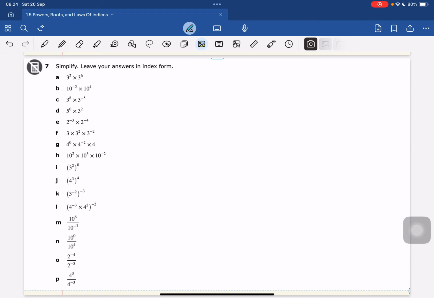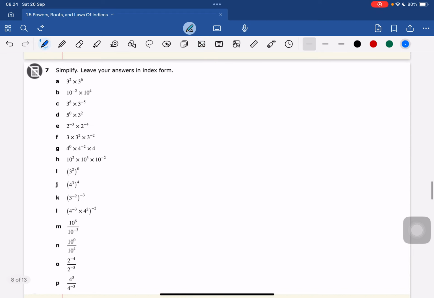Okay, simplify it. Leave the answer in index form. I would like to remind you of the formulas. If we have the same base, like a power of m times a power of n, we just add the powers: m plus n. Next, if we have a power of m divided by a power of n, we just subtract the powers.